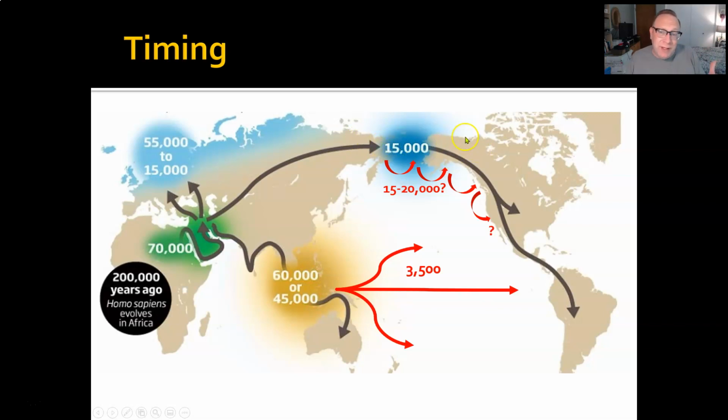And in fact, by 15,000 years, it appears there was a period of time where that started opening up, and populations that had settled in Beringia, as we call it, began to flood into the rest of North and South America very quickly. Within just a few thousand years, they've reached the tip of Argentina down here.